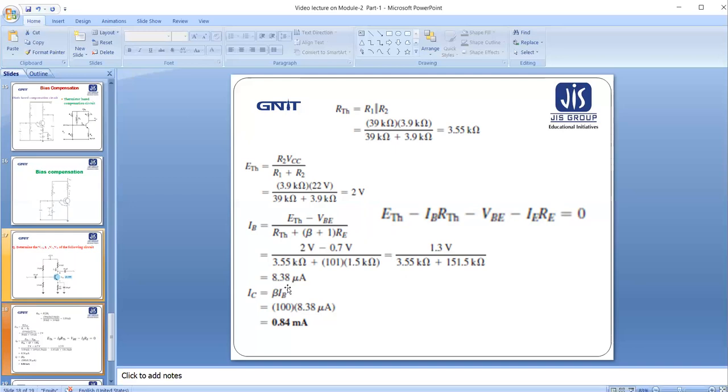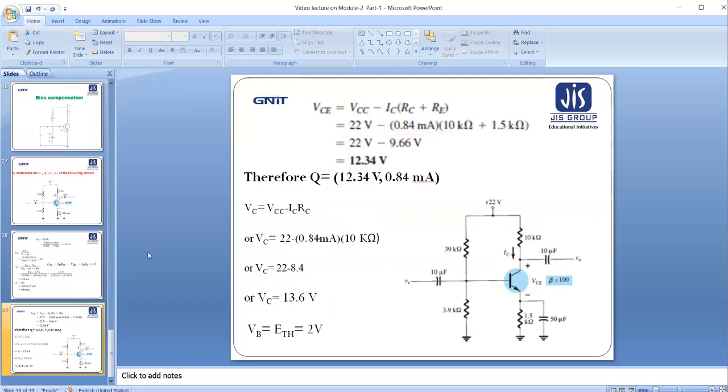And as IB is 8.38 microampere, our next step is to calculate IC equals beta into IB. Beta is 100, so it becomes 0.84 milliampere. After IC calculation, we put the IC value in the KVL equation of the output loop, and the corresponding VC value obtained is 12.34 volt. Thus, the Q point location is identified: 12.34 volt, 0.84 milliampere.